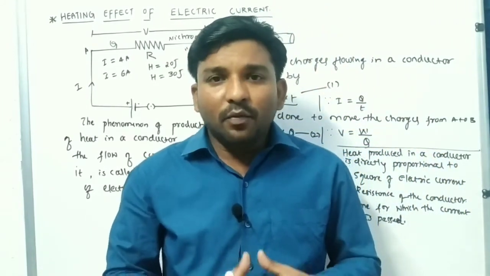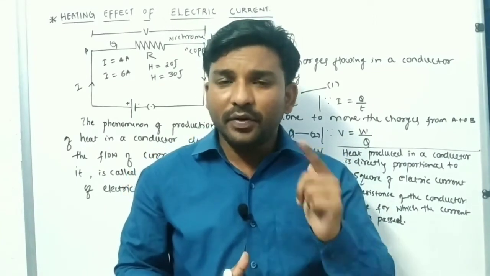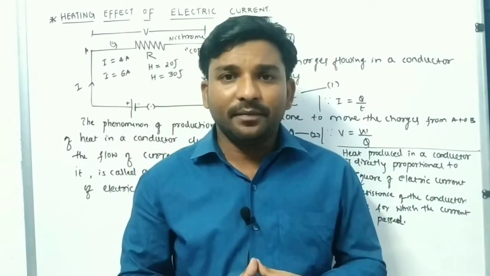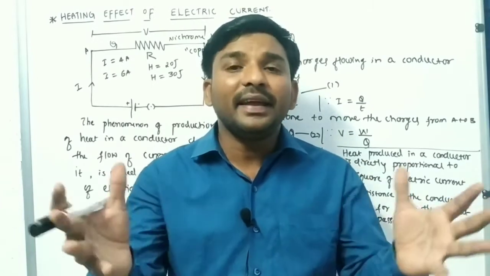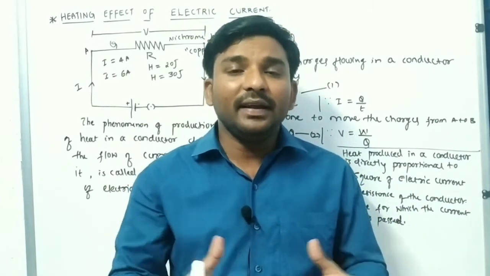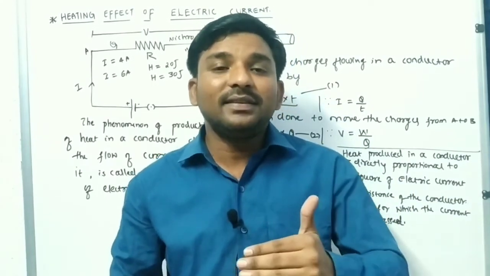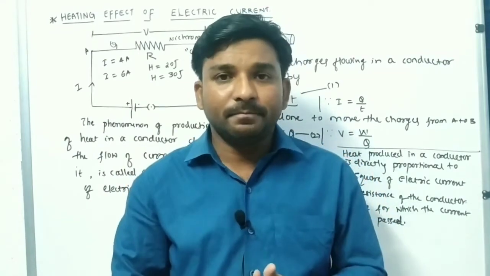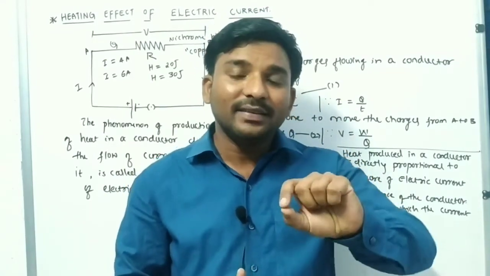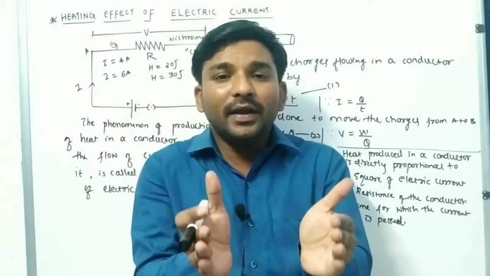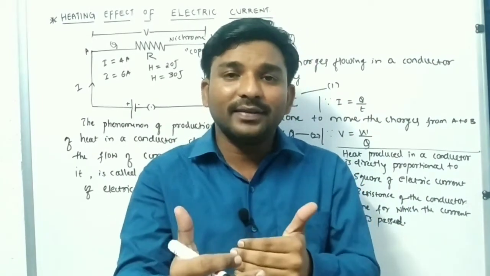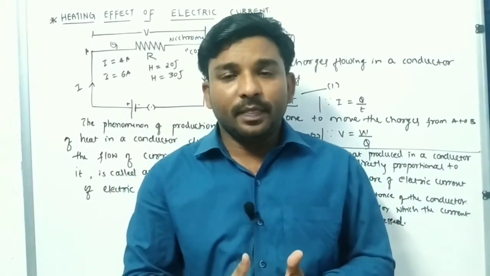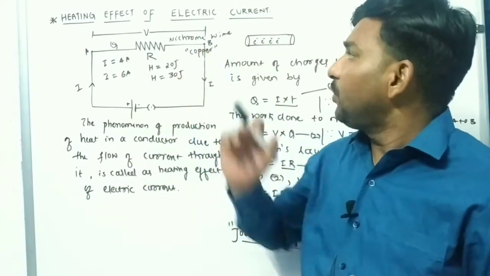Because whatever the amount of heat produced in that copper wire, it gets radiated. It means it comes out in the form of radiation. So the heat of that copper wire remains constant.